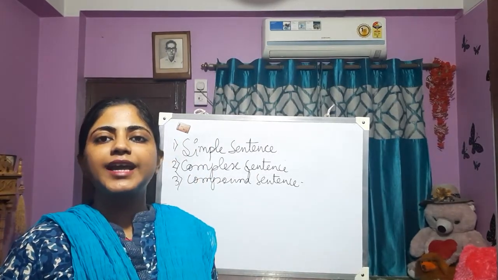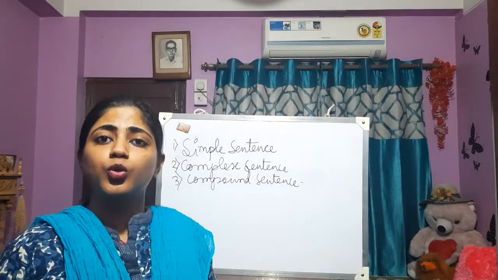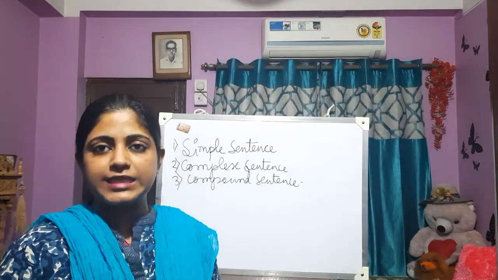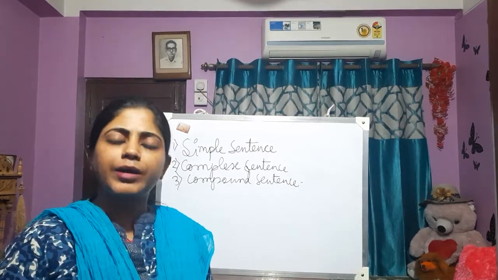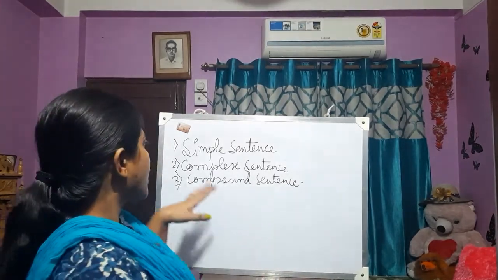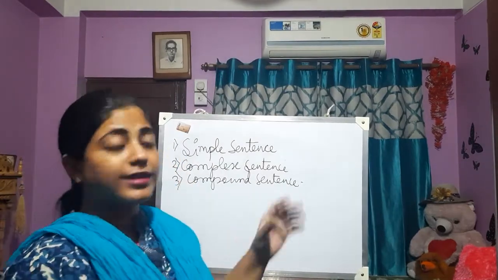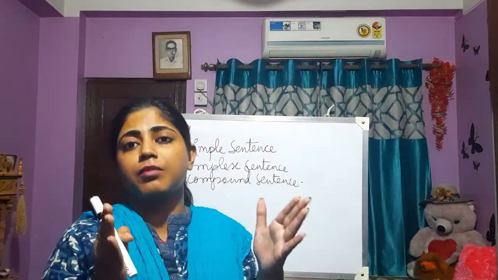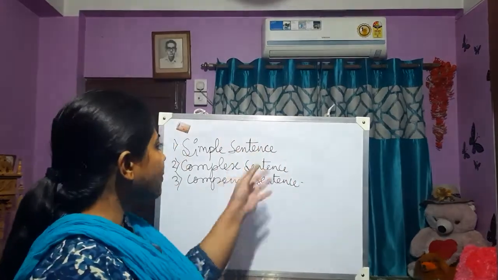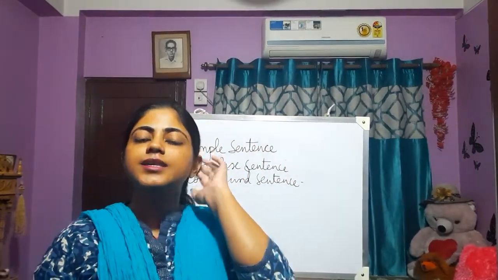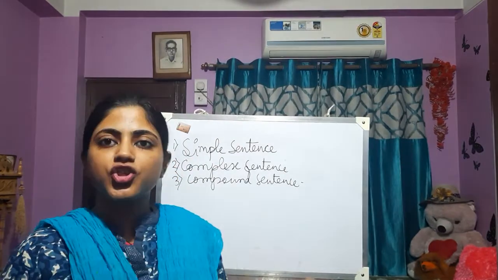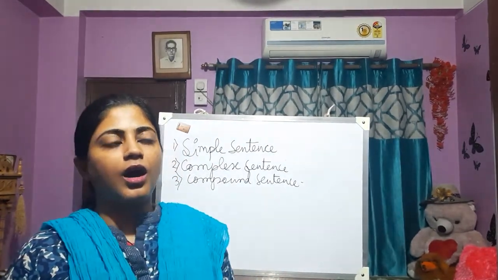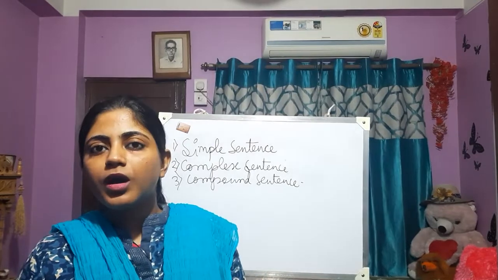It does not contain any words like which, when, who. It's one straightforward sentence, a sentence consisting of subject, predicate, verb, and maybe object. That's it. For a simple sentence, the sentence is much smaller. For a complex sentence, the sentence is much bigger. It contains words like which, when, who, whom.